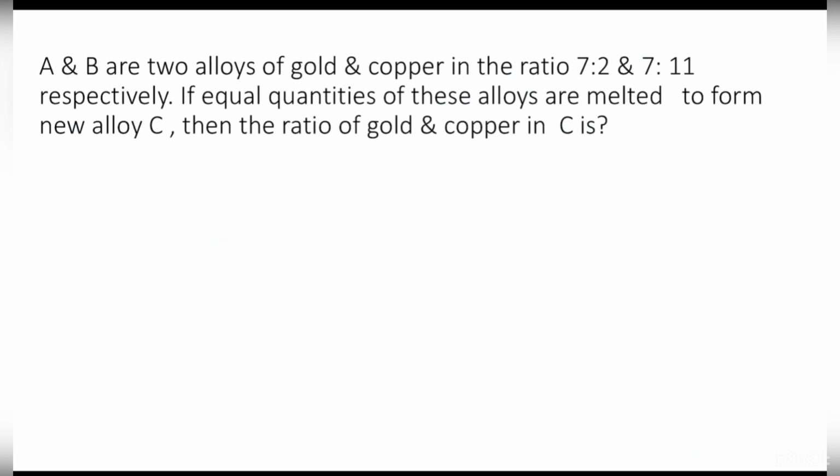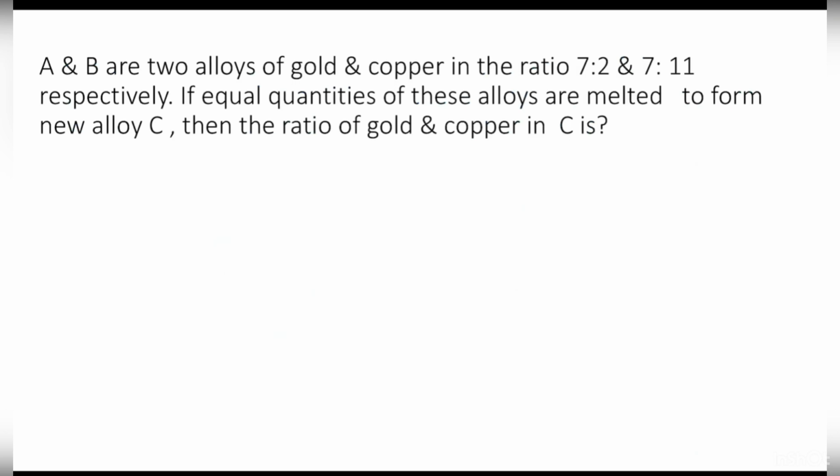Next problem. A and B are two alloys of gold and copper in the ratio 7:2 and 7:11 respectively. If equal quantities of these alloys are melted to form new alloy C, then the ratio of gold and copper in C is?